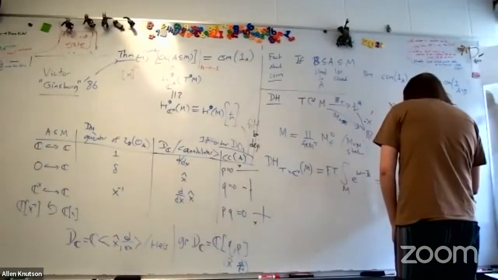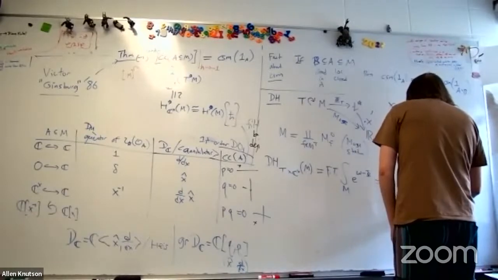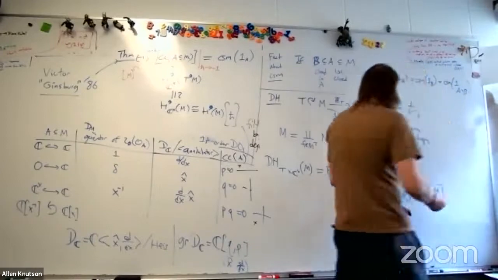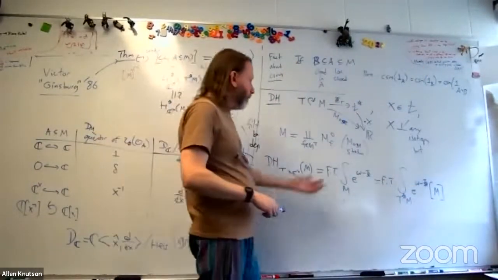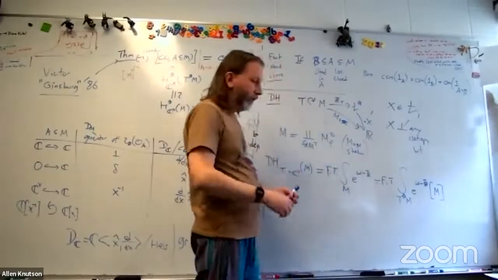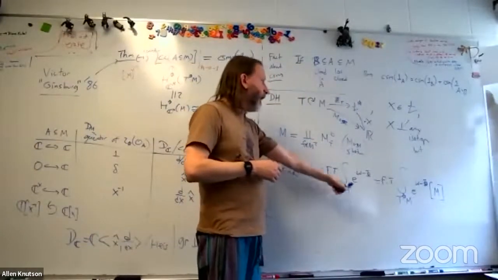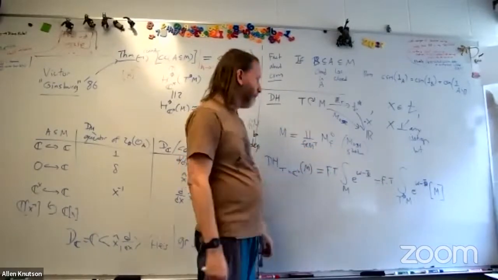So I've still got this e to the omega minus phi, but now I need to include the class of the zero section. So I'm using the push-pull formula here about either I go from M down to a point, or I go from M into the cotangent bundle, and then I go from there down to a point.